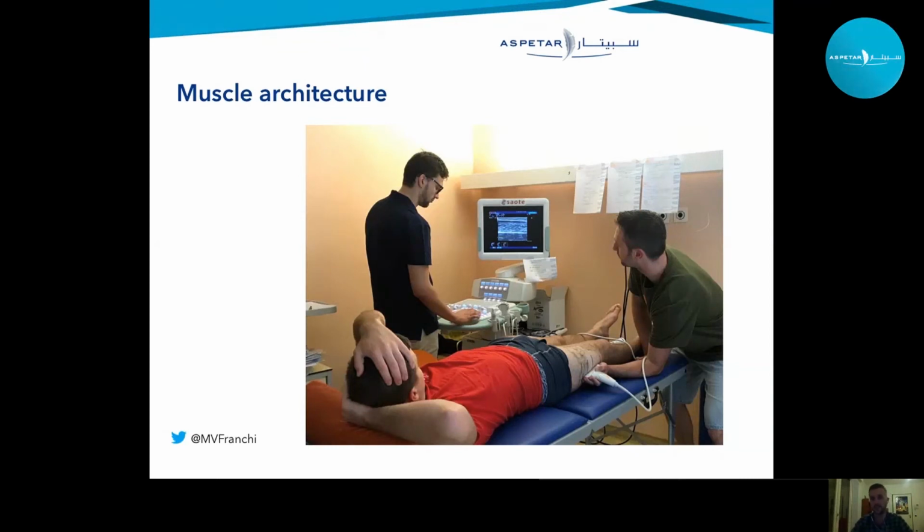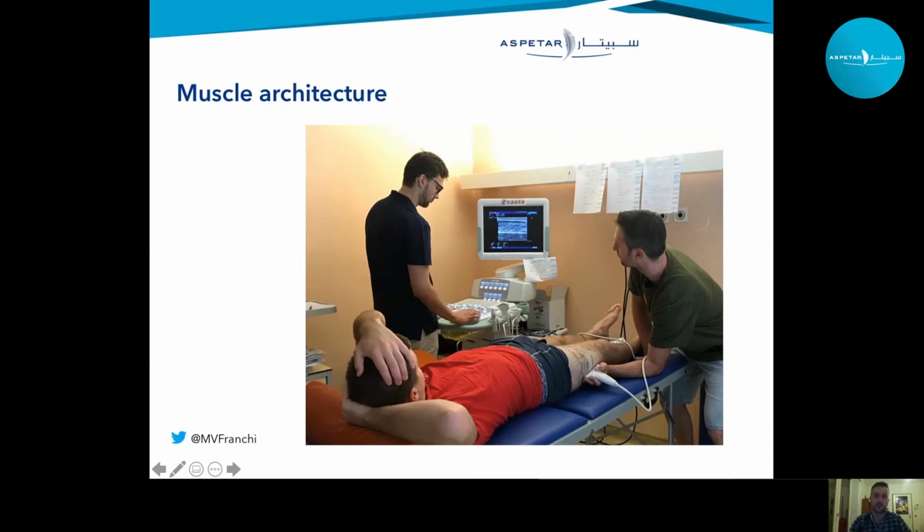But here you see that substantially you have a transducer. You place this transducer on the skin. You try not to put a lot of pressure onto the muscle, so the muscle is not, of course, distorted. And you can see that you are placing the probe, which has to be parallel to the fascicle plane.